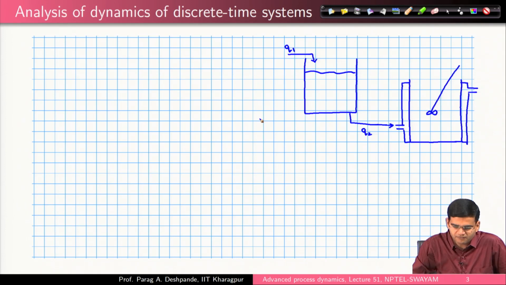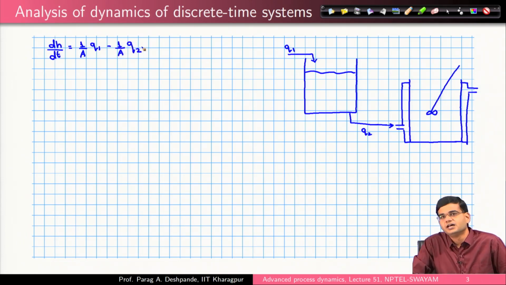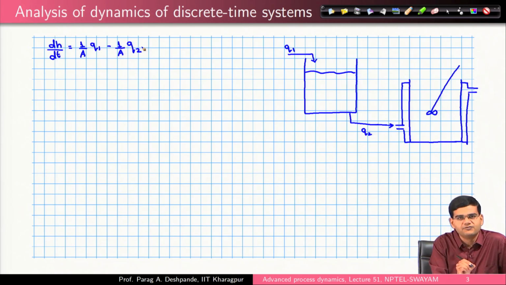Now, the flow rate of the fluid in the jacket is obviously going to be q2, right, and what would govern the flow rate? So, we have dh/dt equals 1 over A q1 minus 1 over A q2, and we have been imagining a system in which the inlet flow rate is a constant.